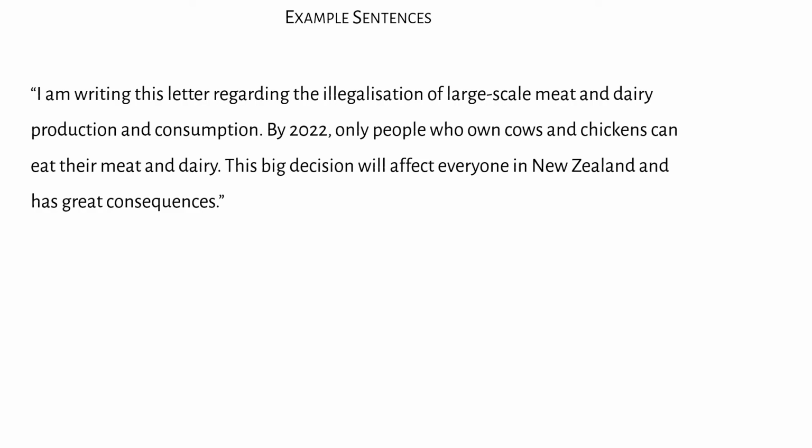This is a good introduction to your letter, because you're saying what you already know, and you have some sort of opinion in this sentence. You use I am writing, but that's fine. So don't worry about this. But the rest of the sentence is good, right? It's formal, it's what you want to say, and it summarizes what you already know. So this is a very good sentence to start your letter with. Good work.